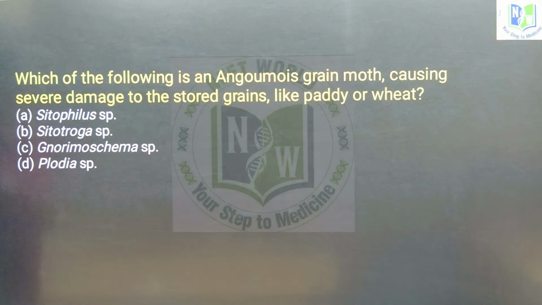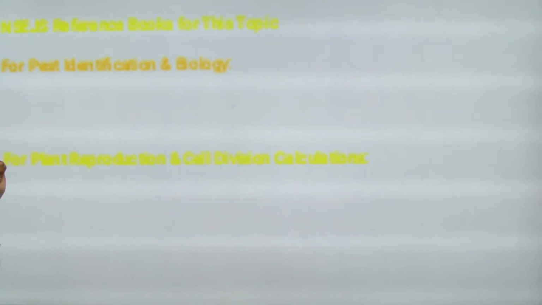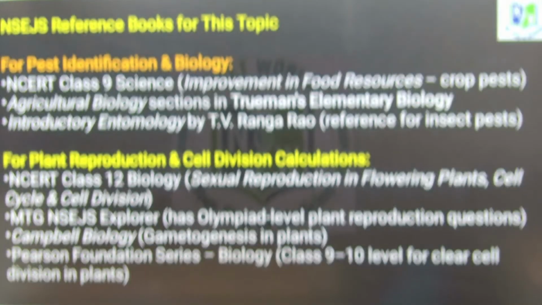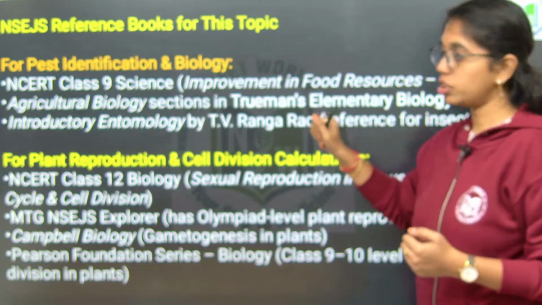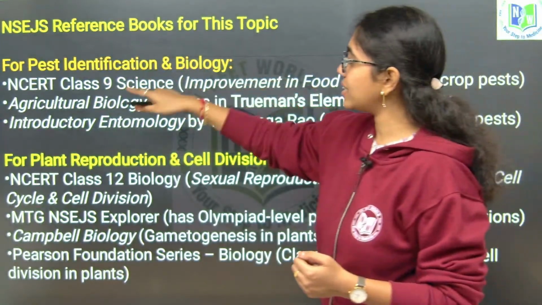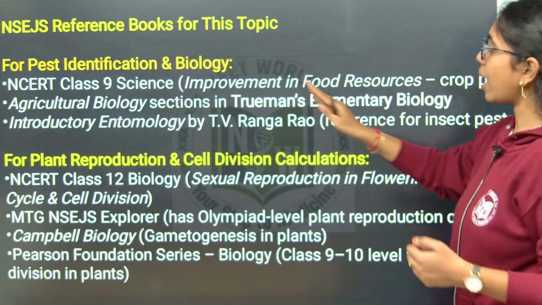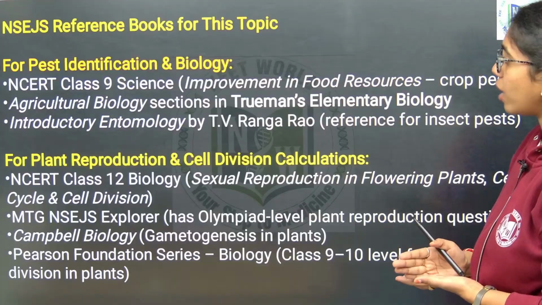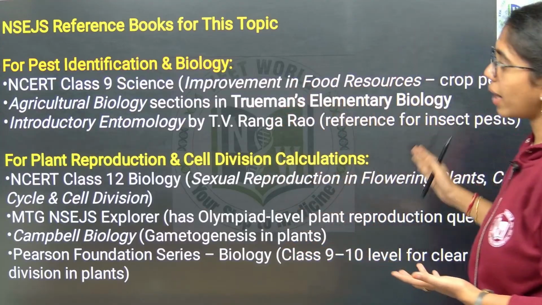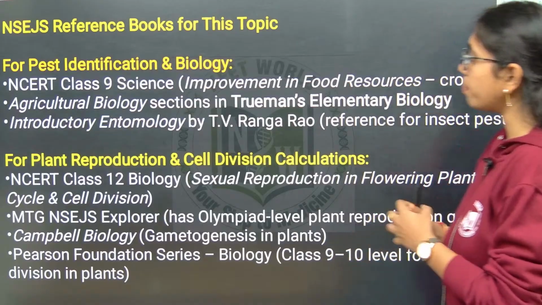Let us look into the NCERT reference book for this topic. So, for this type of memory based question on pest identification and biology, the concept is clearly given in NCERT class 9 science in the chapter improvement in food resources, and in the agricultural biology sections in Trueman's Elementary Biology, and Introductory Entomology by T.V. Rangarao.